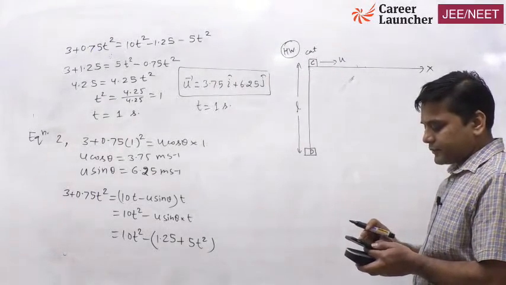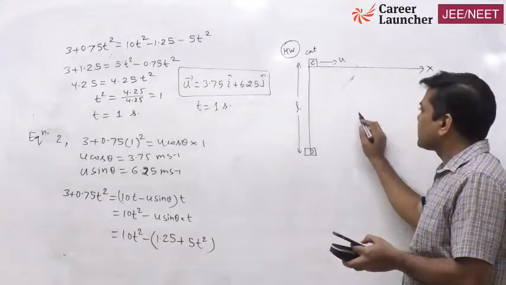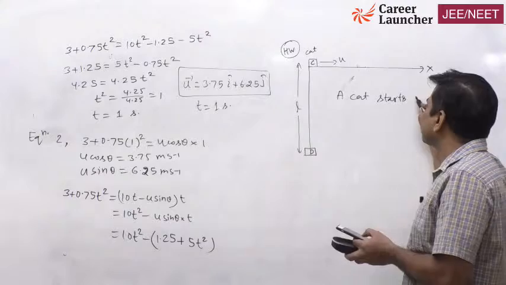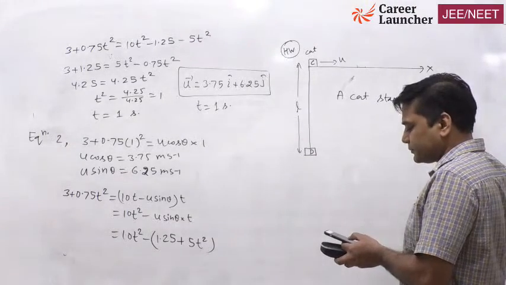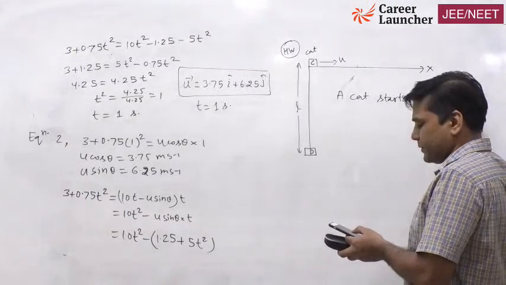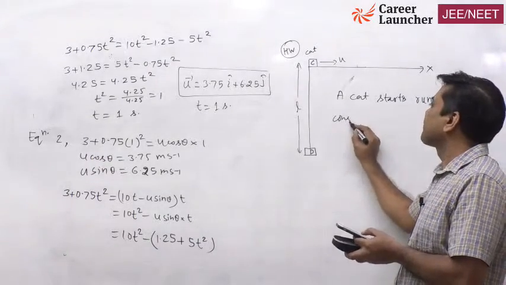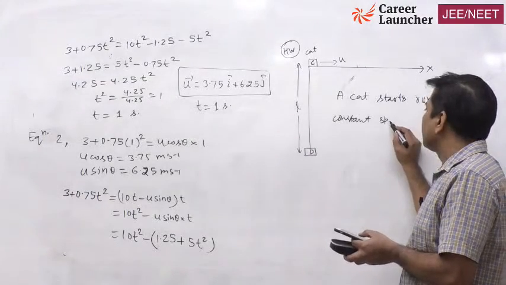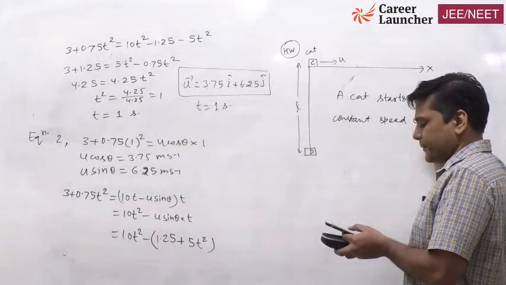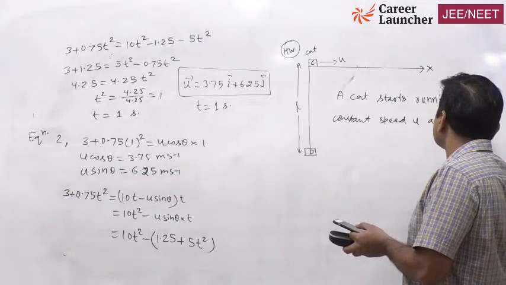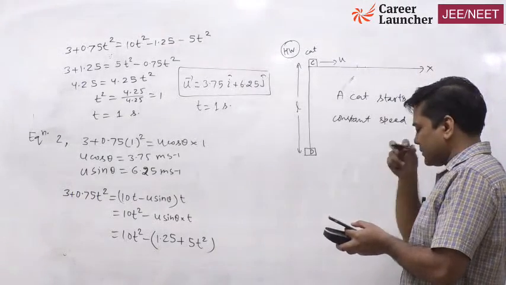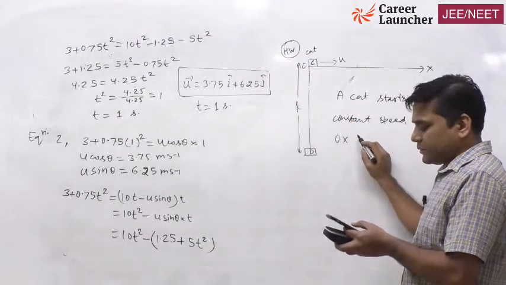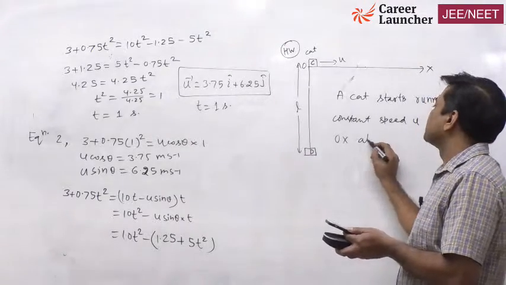Just write it down. A cat starts running at constant speed u along line OX, this is O and this is X, at t equal to 0.